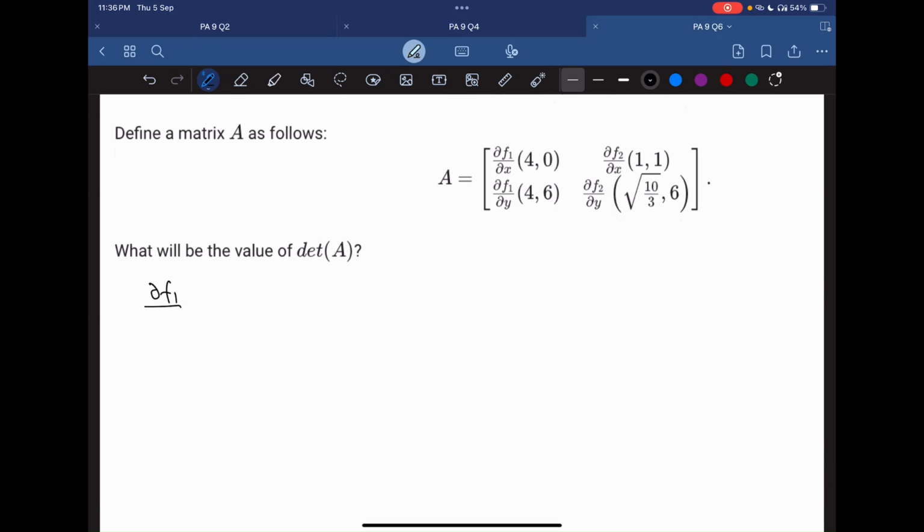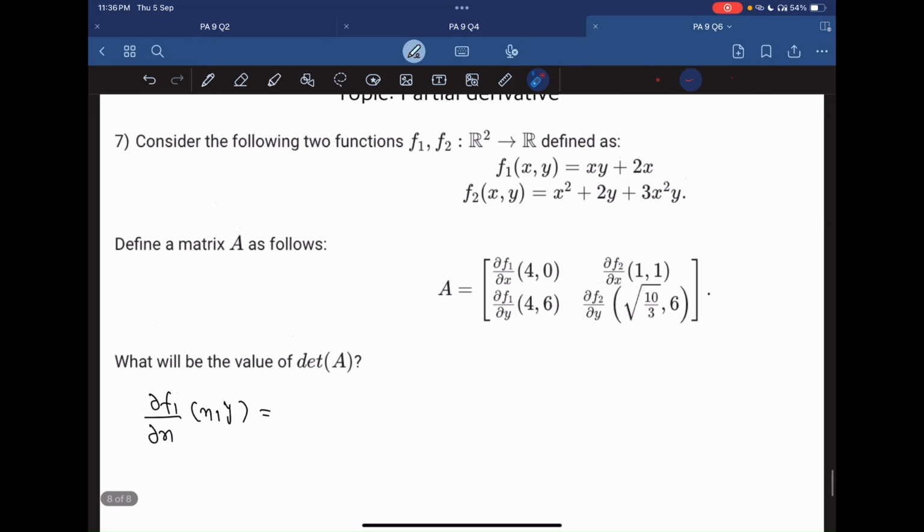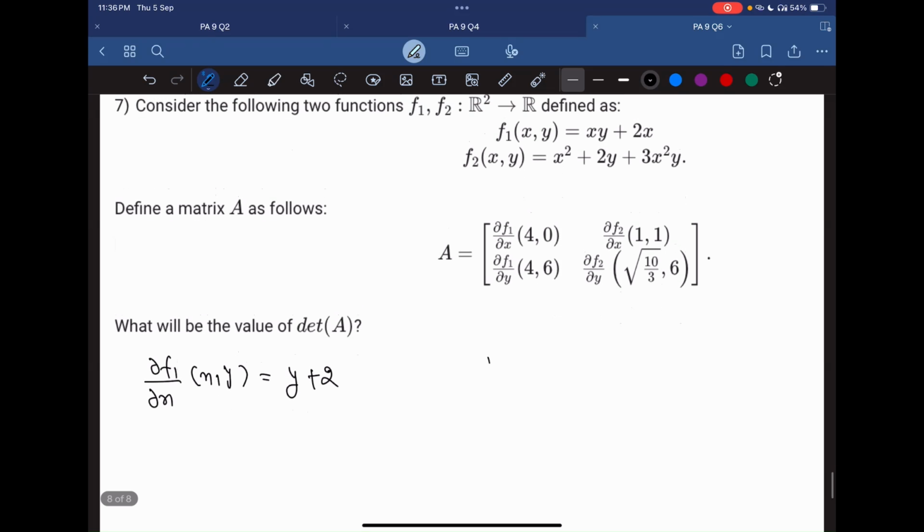The partial derivative of the function f1 with respect to x: to calculate it we will treat y as a constant. So the partial derivative with respect to x turns out to be y plus 2. And for the same function with respect to y, the partial derivative will be just x, as the other term would be just a constant.